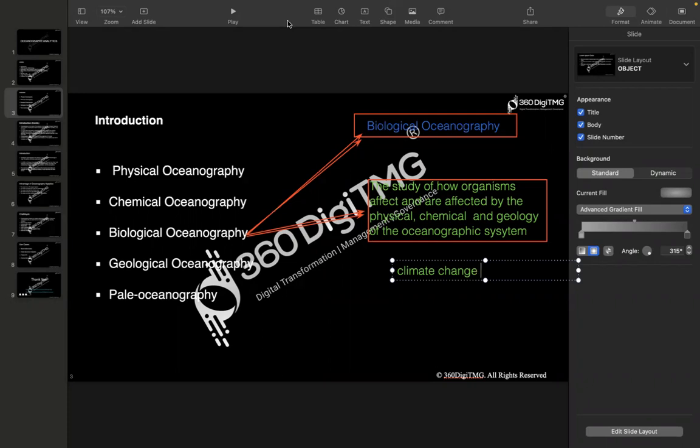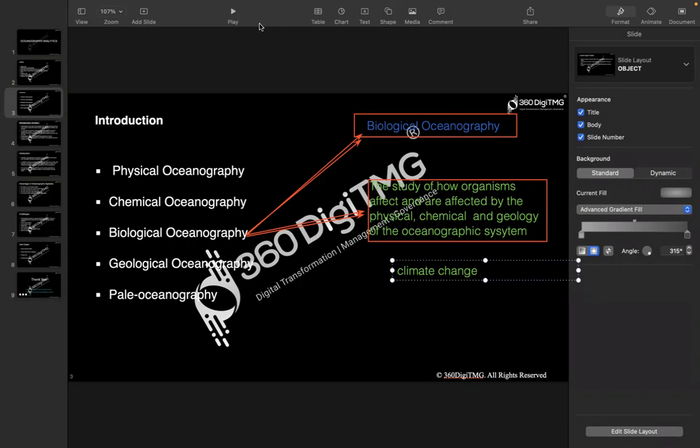Some of the main questions that a biological oceanographer seeks to answer may include: what sort of organisms inhabit different sectors and depths of the oceans, and why?